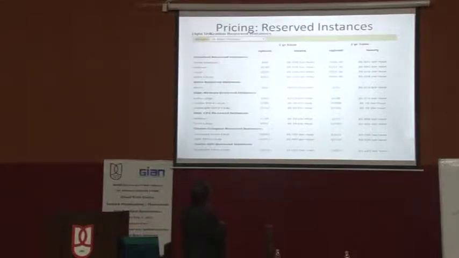Okay. The second one is reserved instance. Again, they divide it into different sections, but they ask you to reserve for 1 year or 3 years. So you can see now the same one, the quadruple extra large, will cost you 1,450 for 1 year, and for 3 years it costs you 2,225 upfront.